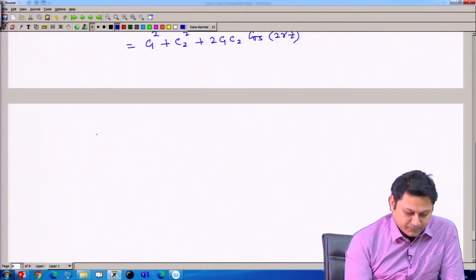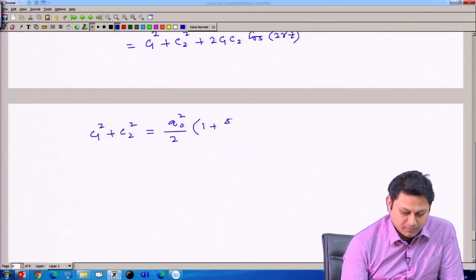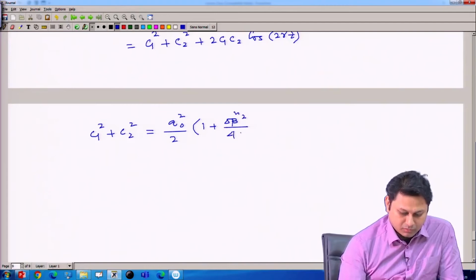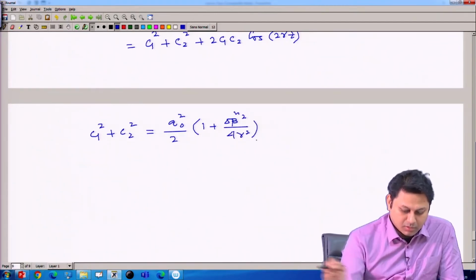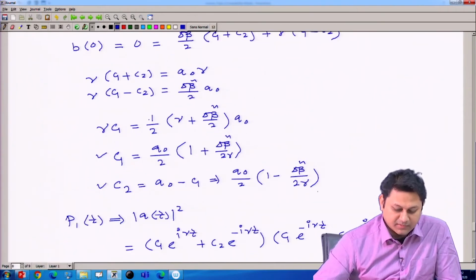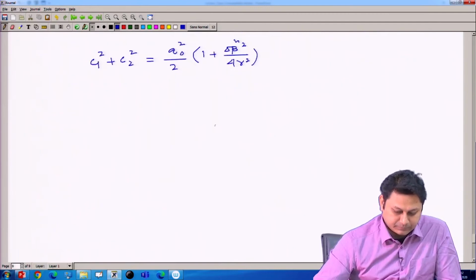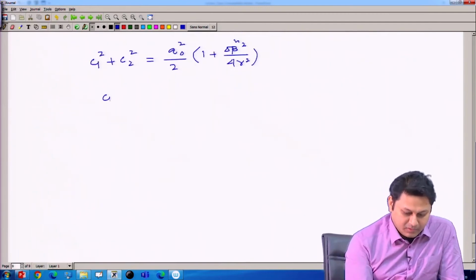Well, C1 square plus C2 square, I can also extract the value, and this value will be simply this one, 4 gamma square. I just have my C1 square, I have my C2 square. If I make a square and add, then I am going to get this one. And C1 and C2 also I can calculate.